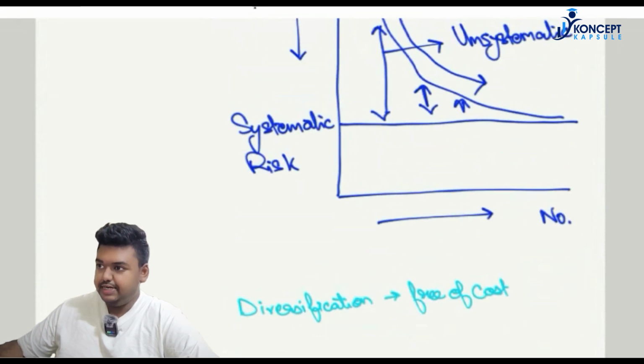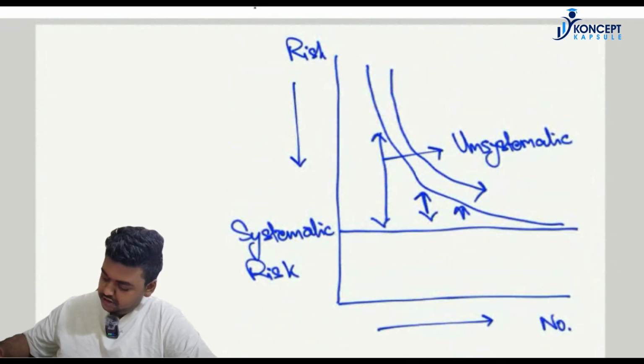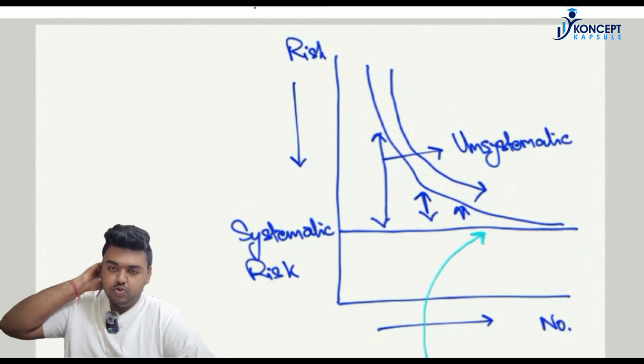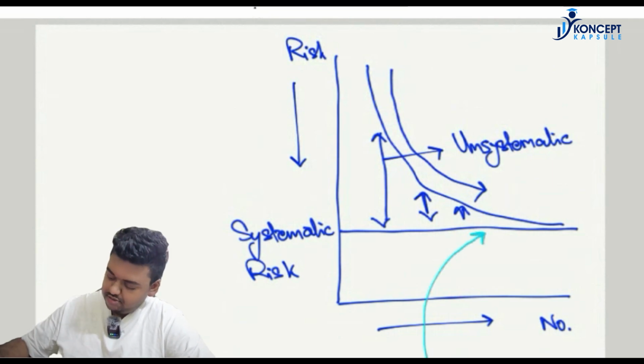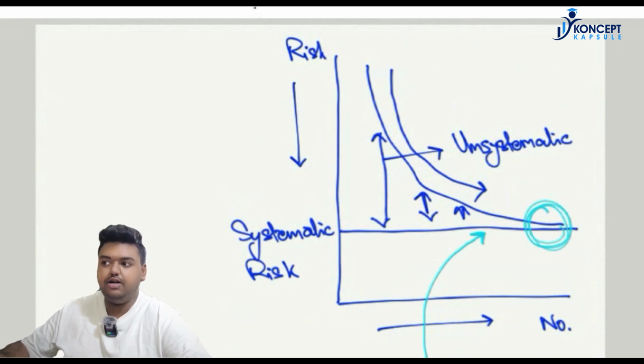What is its implication? Its implication is that since diversification is free of cost, to be able to reach a point where your risk is as near to the systematic risk is not difficult. Let me repeat it again.